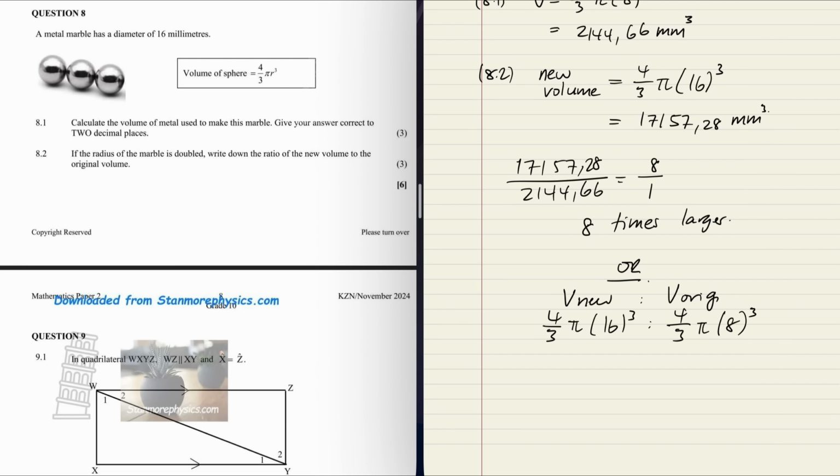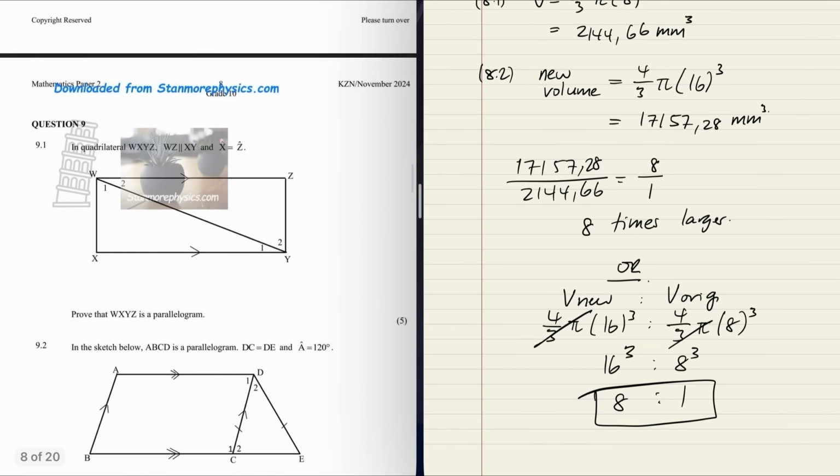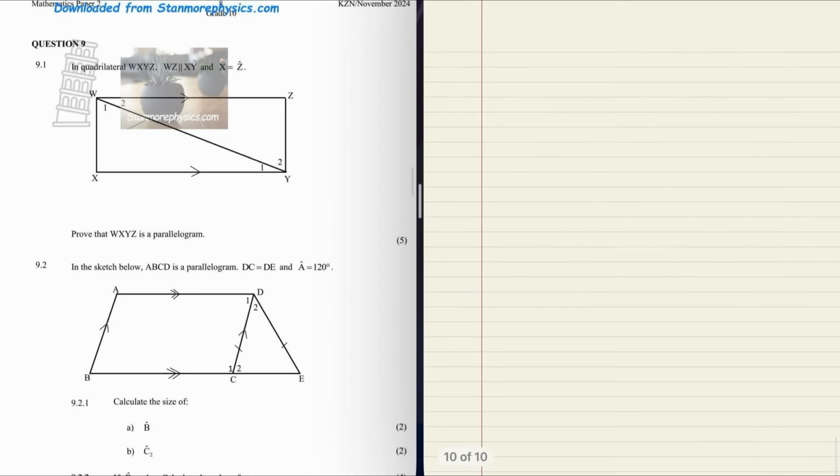Now, because it's a ratio, these are the same, so that will disappear. And so what we have then is the ratio of 16 cubed to 8 cubed, which is essentially 8:1. Both work. Now let's take a look at question number 9.